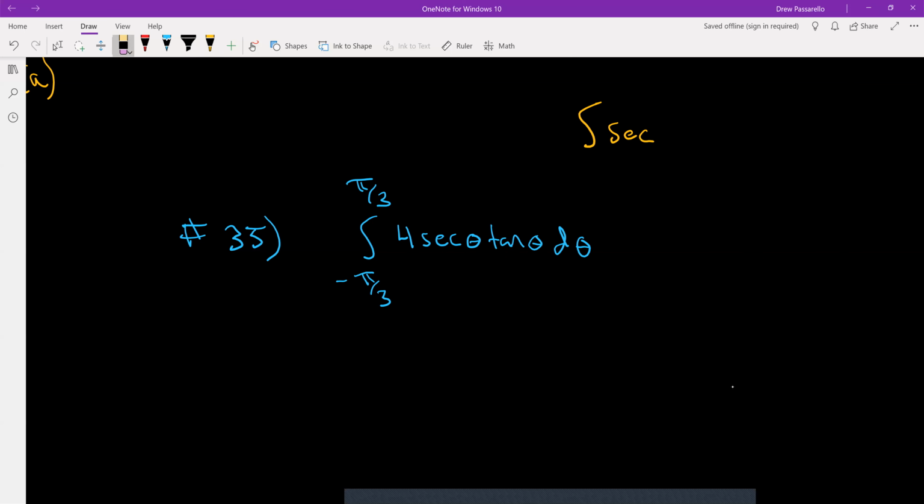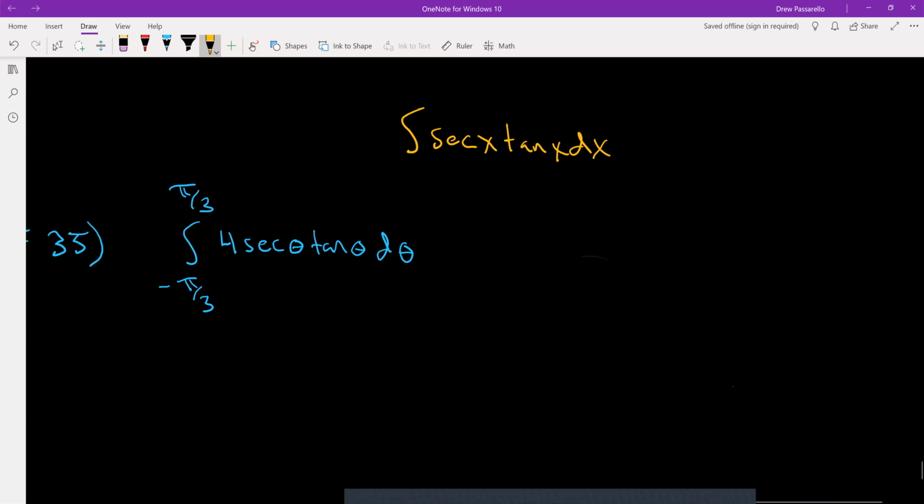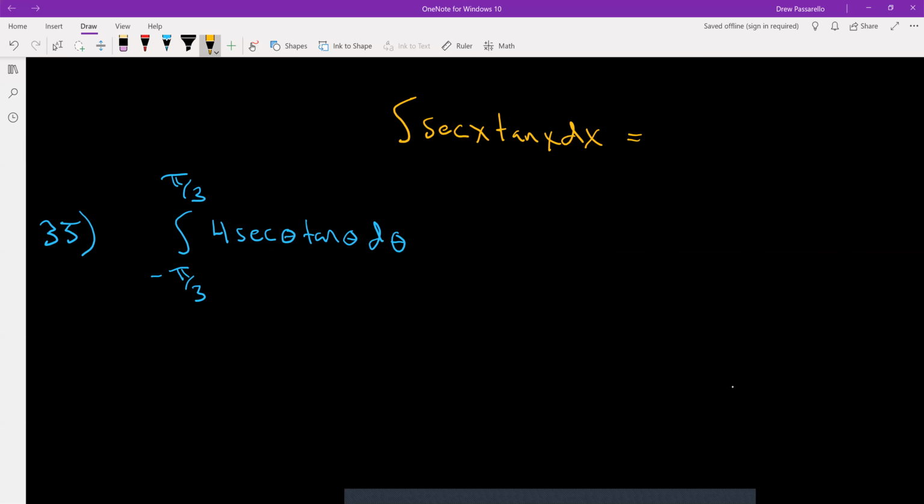I'll use a different variable: we've learned secant x tangent of x turns into secant x, because the derivative of secant is secant tangent.